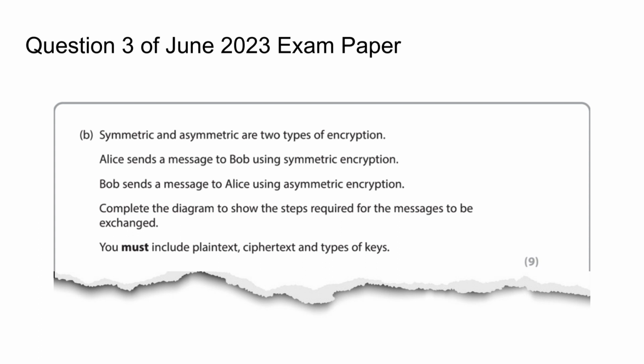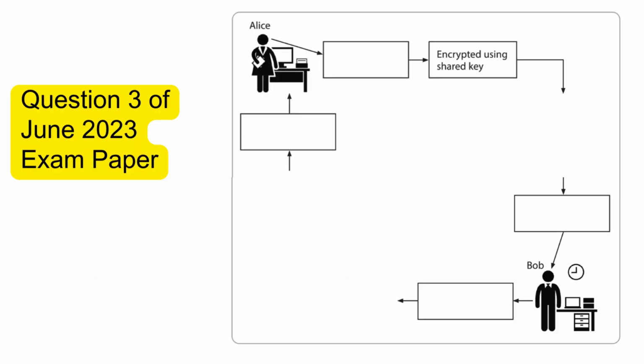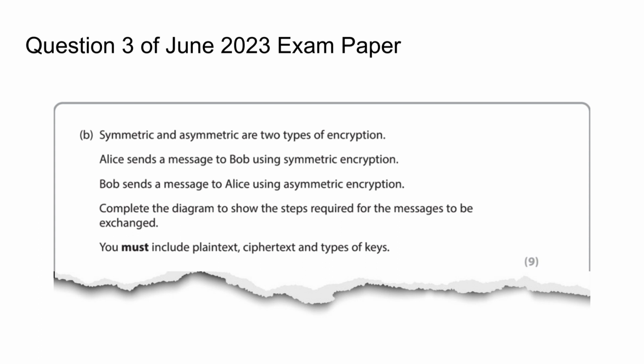So moving on to part B of the question, here we are expected to complete a diagram of the steps of encrypting messages to be exchanged. A partially drawn diagram like this one was provided in the question paper and you are expected to fill the diagram correctly. Remember, as per the question, Alice uses symmetric key encryption to send her messages while Bob uses, I'm sorry, I will also read through the question.